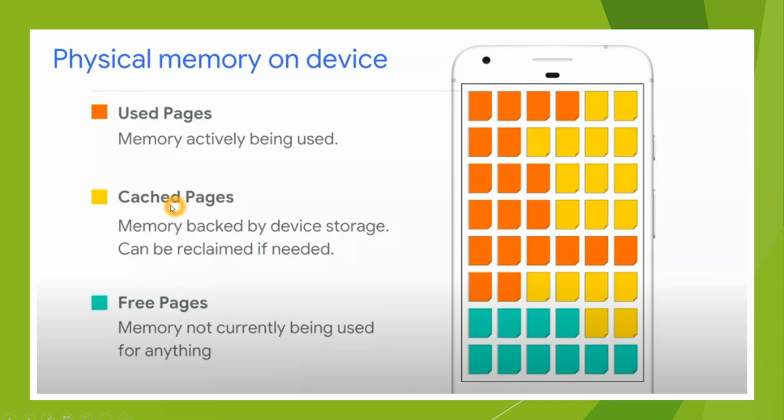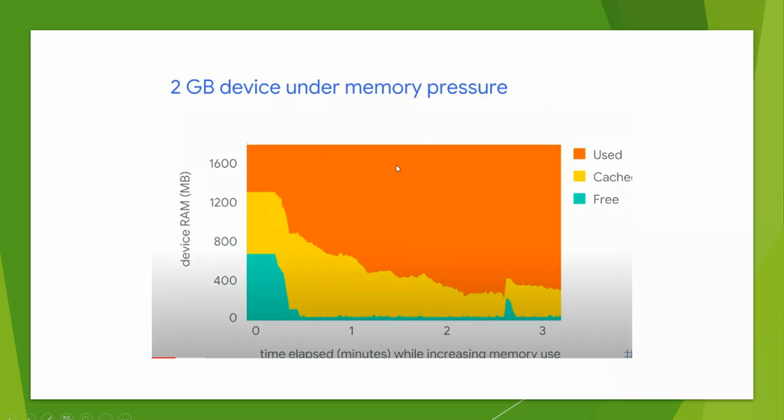So even if we reclaim memory from these cached pages, the data will not be lost as there is a backup on the device storage. Whenever we need it, memory can be reclaimed. And free pages, as you all guessed, are memory not currently being used. It is free, and other processes can occupy this memory.